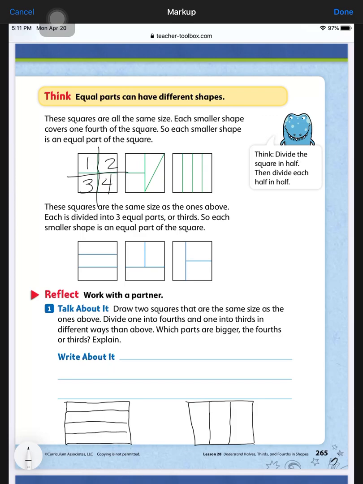Alright, so it says, which parts are bigger, the fourths or thirds, and explain. So I'm going to give you a second to think about that. What do you think is bigger? Is it the thirds or the fourths? Alright, so the thirds are bigger.